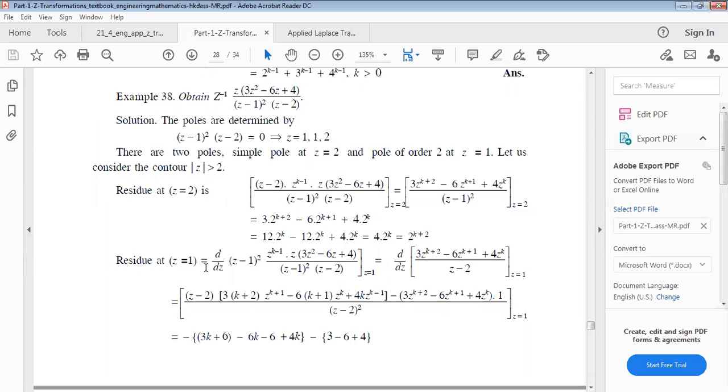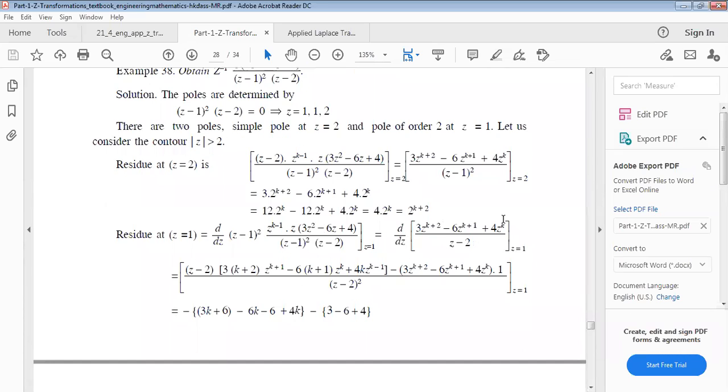Similarly, the residue at z equals 1 is d/dz of (z minus 1) whole square. Why? Actually this is the second order, r equals 2 here. d/dz of (z minus 1) whole square times z to the power k minus 1, the whole function, right? Then (z minus 1) whole square will be cancelled, at z equals 1.